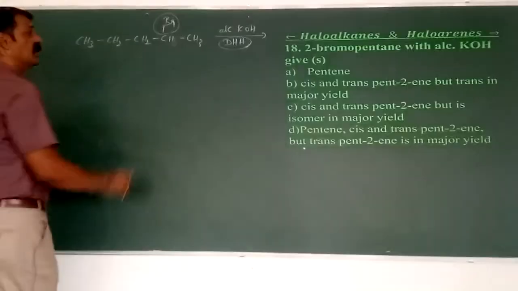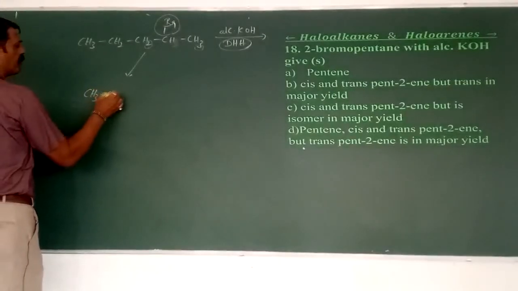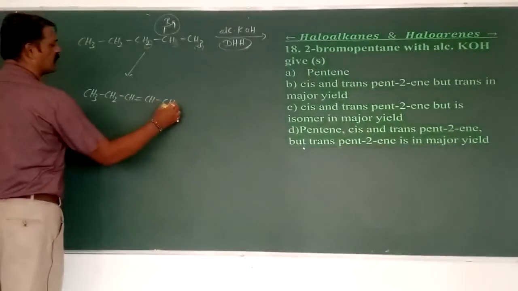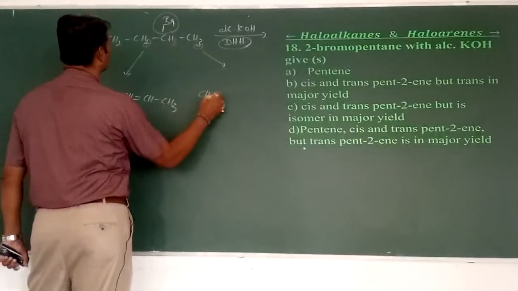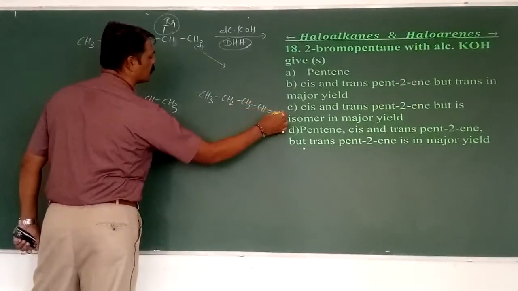There are two possibilities here. Whether you remove the hydrogen from this carbon atom or from that carbon atom. In one case I get CH3, CH2, CH double bond, CH single bond, CH3. In the other case, CH3, CH2, CH2, CH double bond, CH2.